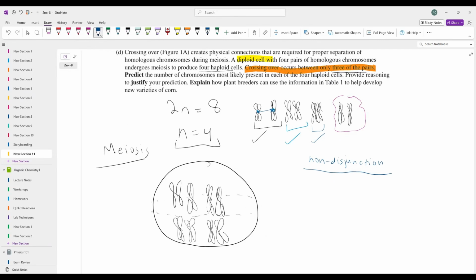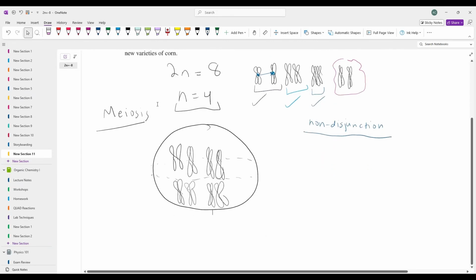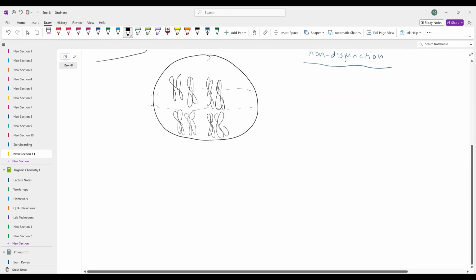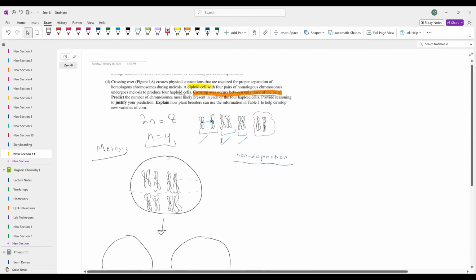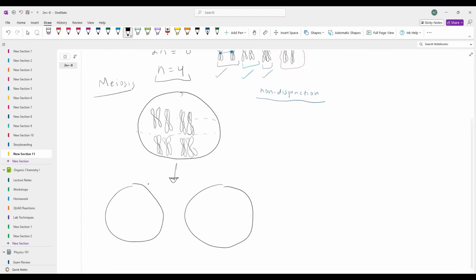And we know that during meiosis 1, our homologous chromosome pairs separate. So when this splits into 2 cells, let's say this one separated correctly, this one separated correctly.